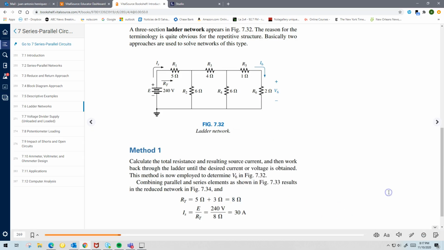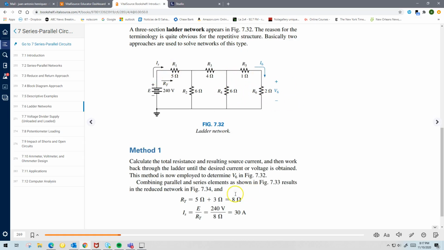Okay? So again, maybe you're not 100% comfortable doing it this way now, but eventually try to practice it that way. But you can do it one step at a time. So you can combine the series resistors, redraw the circuit, then combine those again, and so forth, until you get a total resistance.